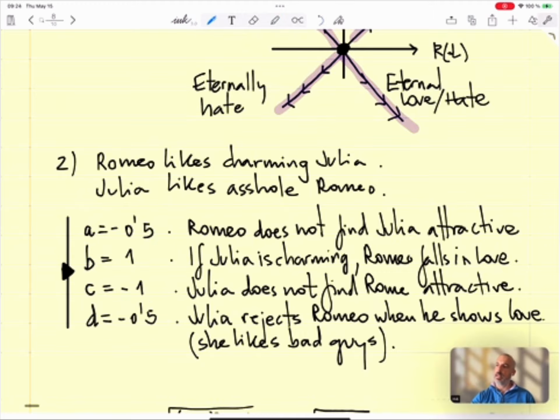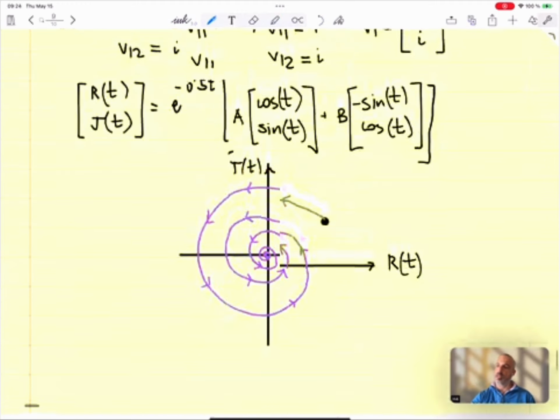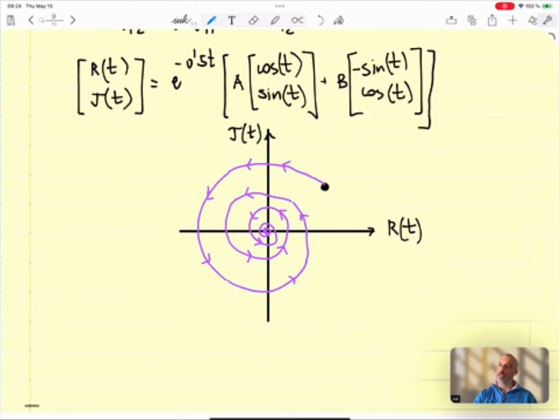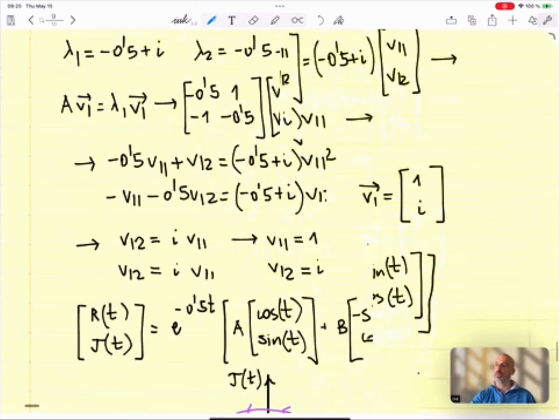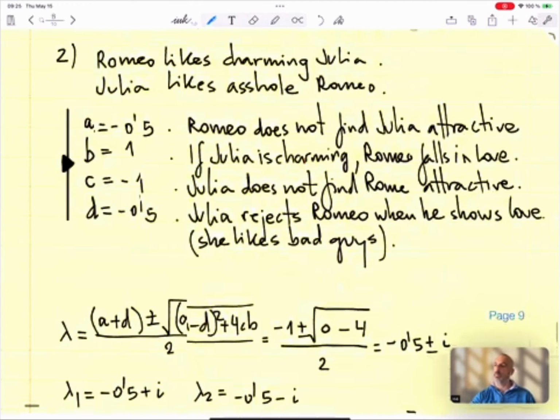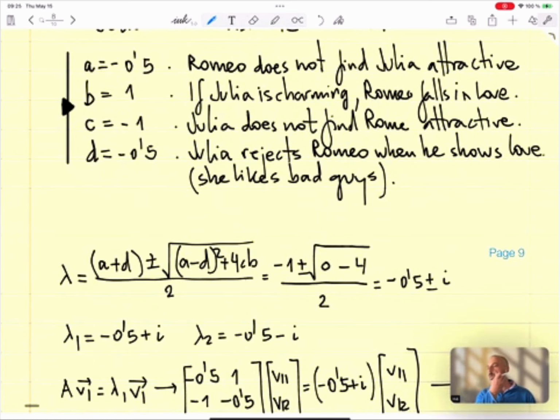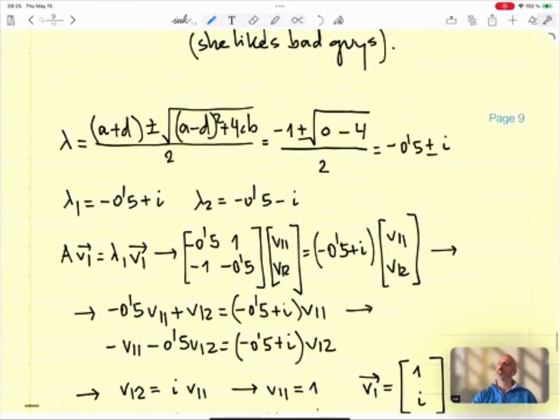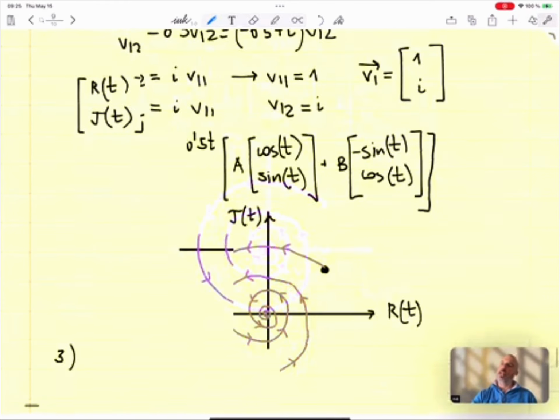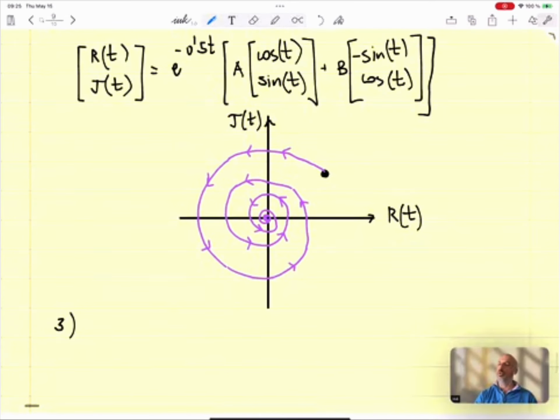Let's make another example. Third example. Romeo is an ice man. Oh no, Julia is an ice woman.